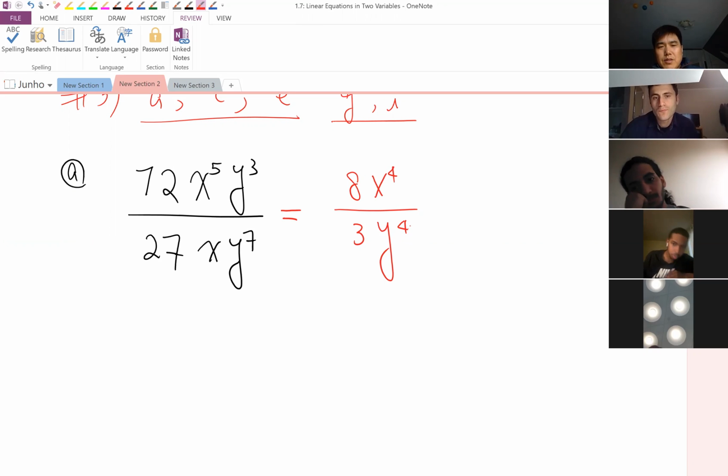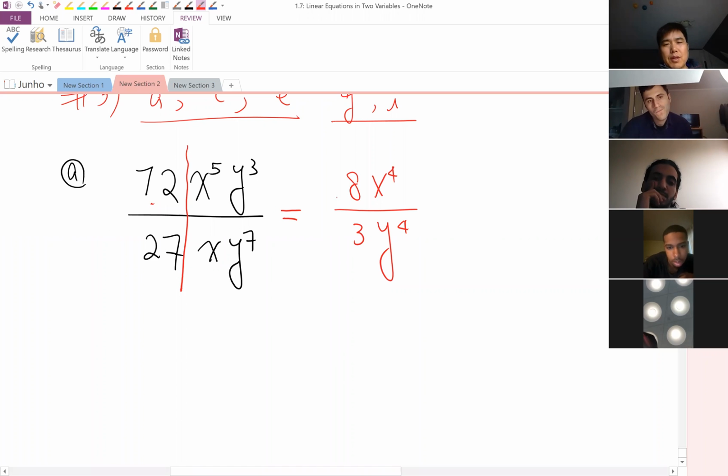If I just summarize what Marshall just shared, basically he divided the numbers first. 72 and 27: what's the common factor? You can simplify by 9. 72 divided by 9 becomes 8, and 27 divided by 9 becomes 3. That's what he did. The next one is the x term: x to the fifth over x.